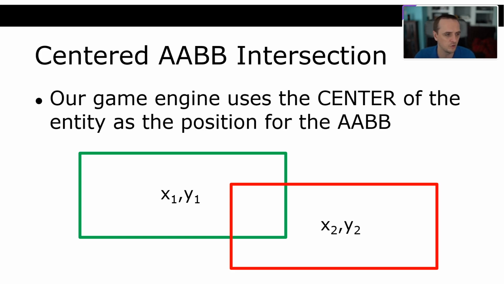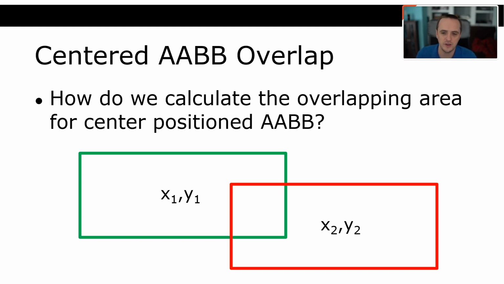The reason for that will be obvious a bit later. So why not just take the top left? Well, it turns out if you use the center, then a lot of the math gets a lot easier. So how do we calculate the overlapping area for centered positioned axis-aligned bounding boxes? That's what we're going to talk about now.